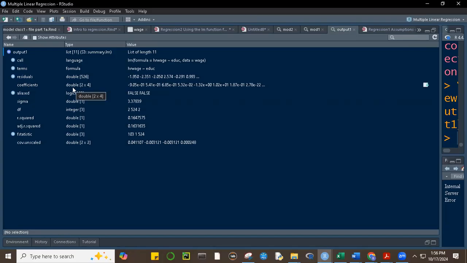What's the size of your coefficients? How many rows? It's 2 by 4.